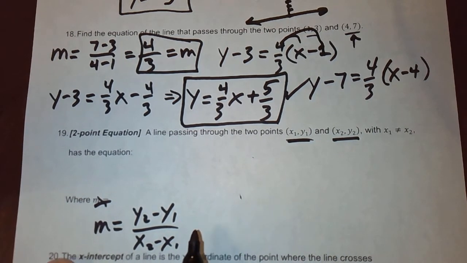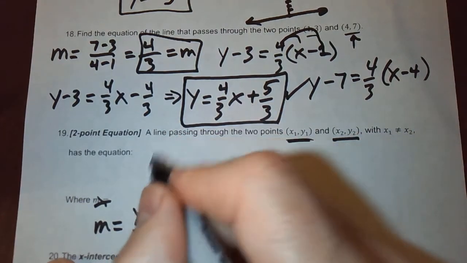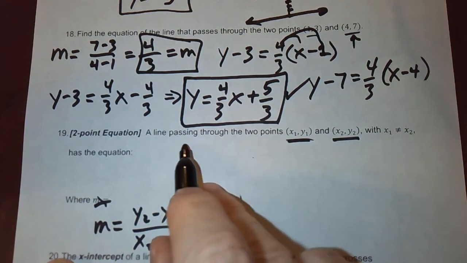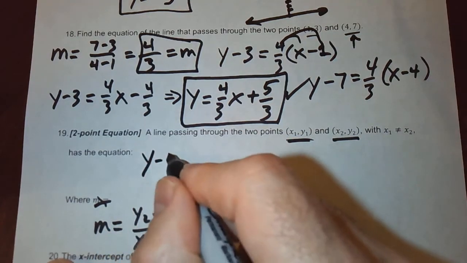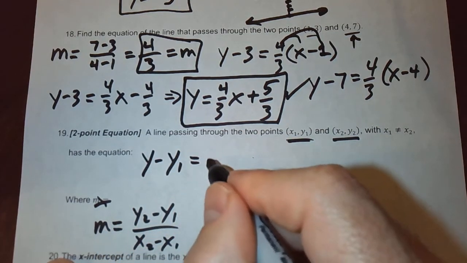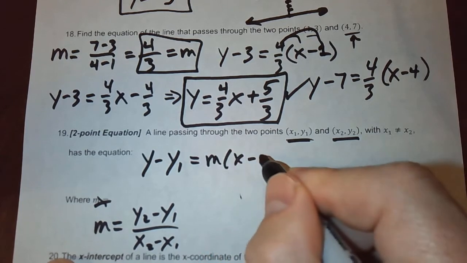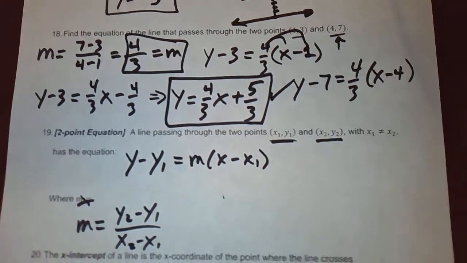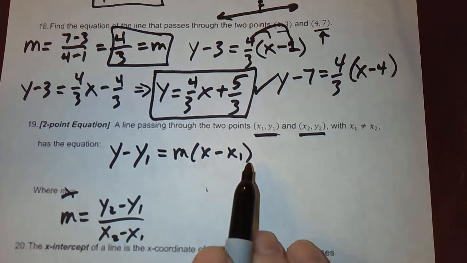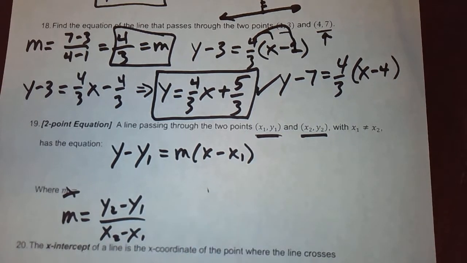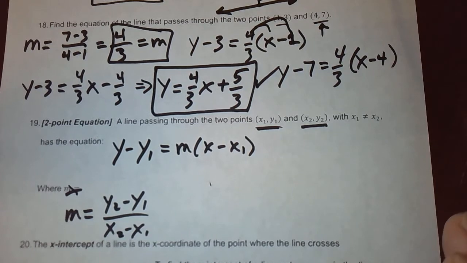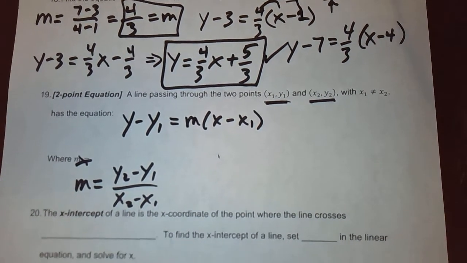Now that we've computed that, we can simply say the line passing through the 2 points is y minus y1 equals m times x minus x1. And if I wanted to, I could have used x2 and y2 instead of x1 and y1, and the equation would have been absolutely equivalent.